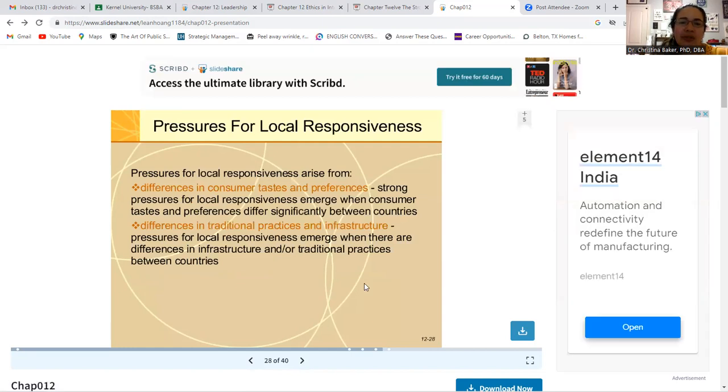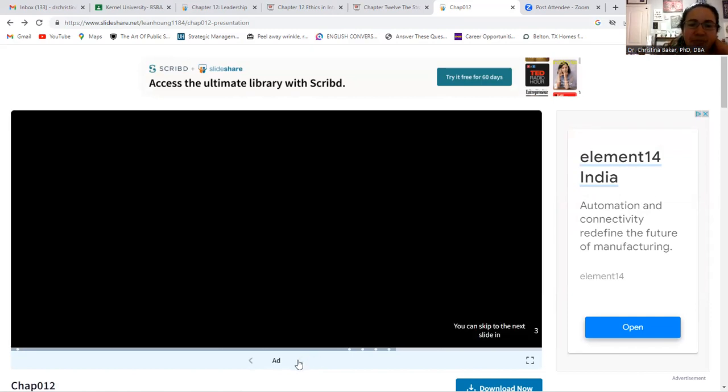Pressures for local responsiveness arise from differences in customer tastes and preferences. Strong pressures emerge when customers' tastes and preferences differ significantly between countries. Differences in traditional practices and infrastructure: pressures emerge when there are differences in infrastructure and traditional practices between countries.